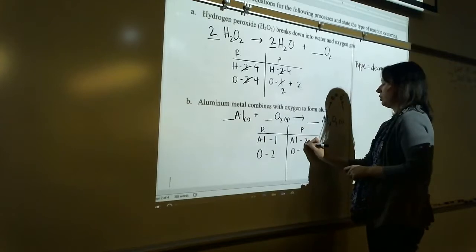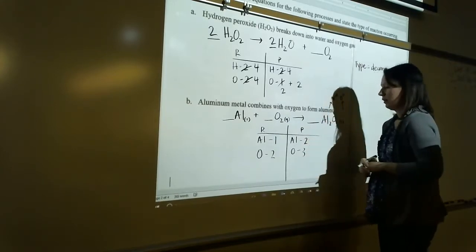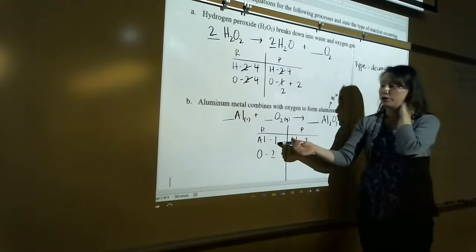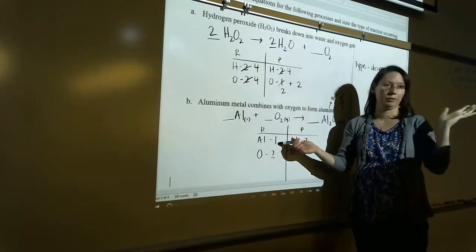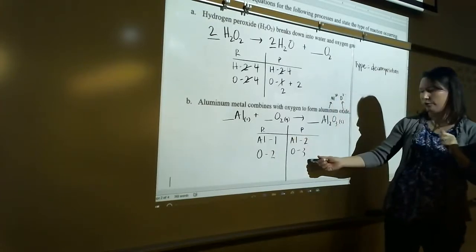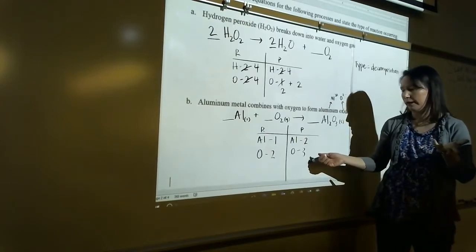Aluminum, I'm ending with 2. Oxygen, I'm ending with 3. So I would not do aluminum first, just because aluminum's coefficient is 1 here, which means I can turn it into any number I want, right? Because any number times 1 will give me that number. So let's do oxygen first, because it's clearly going to be the more taxing problem.